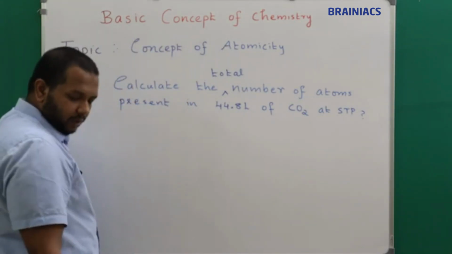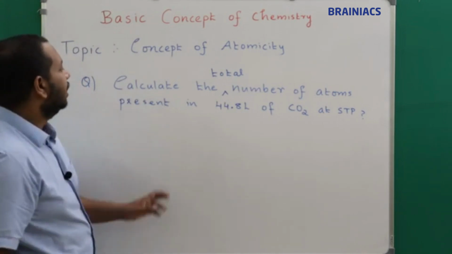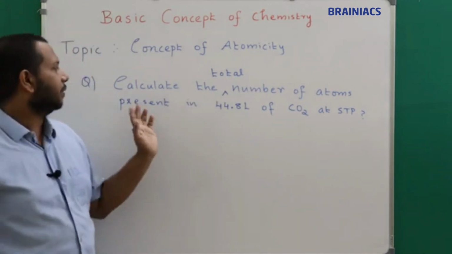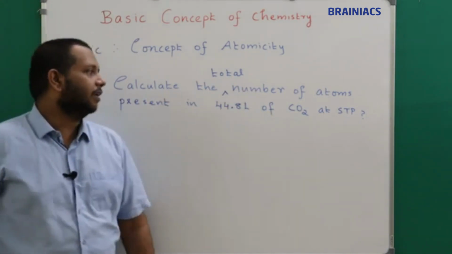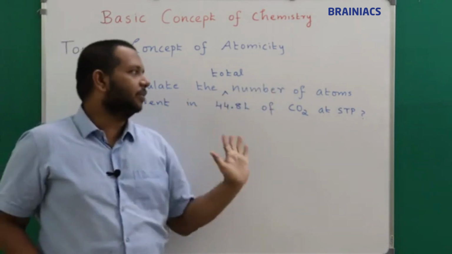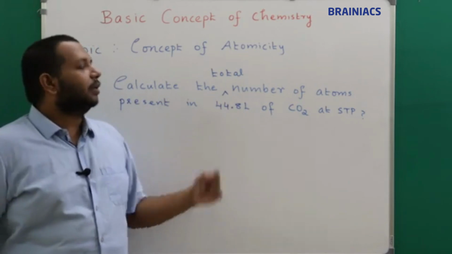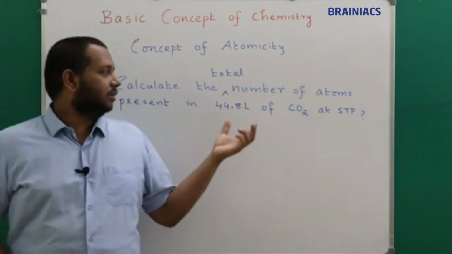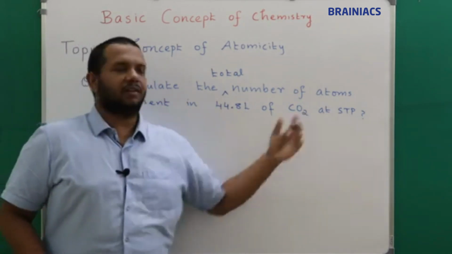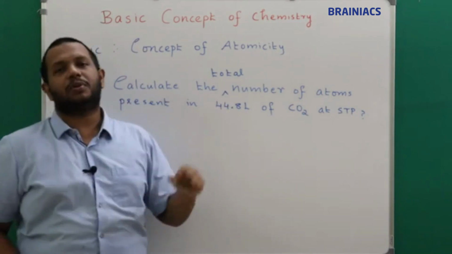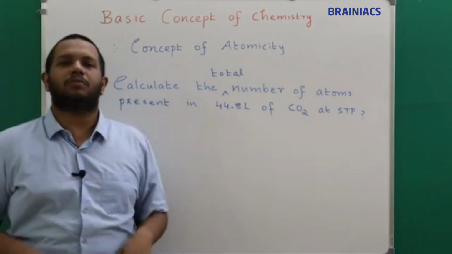So calculate the total number of atoms present in 44.8 liter of carbon dioxide at STP. Again number of atoms being asked and given is a molecule or a compound. So first you need to convert this volume, and you know that it is at STP, to number of molecules.